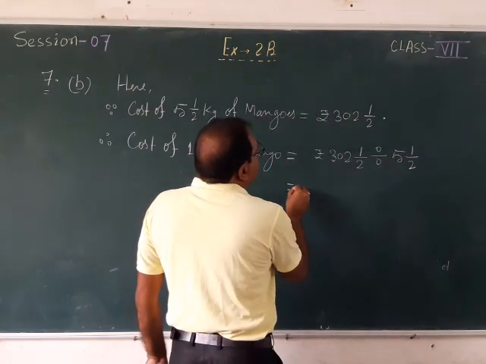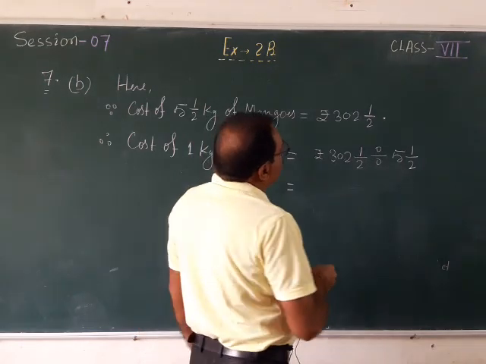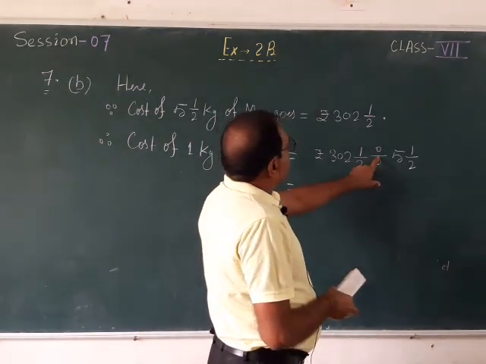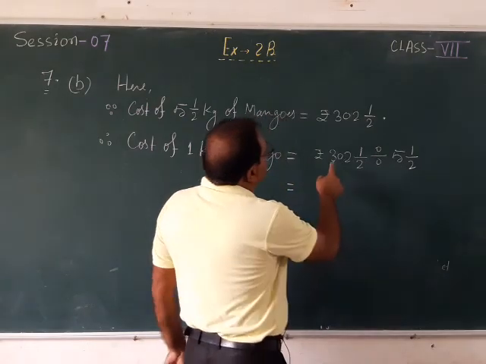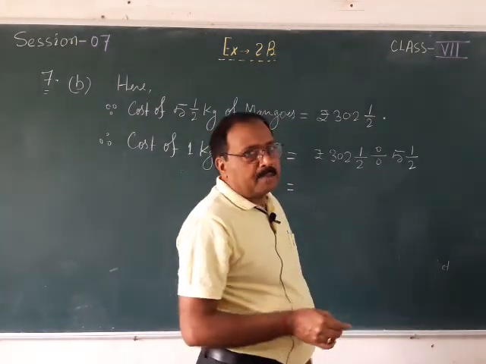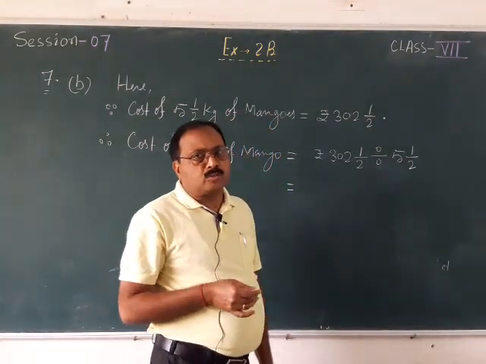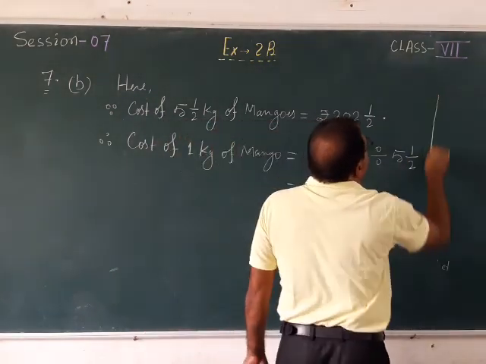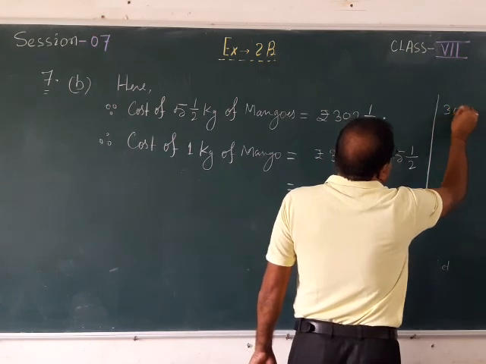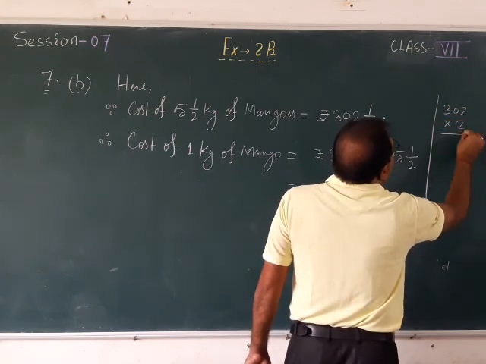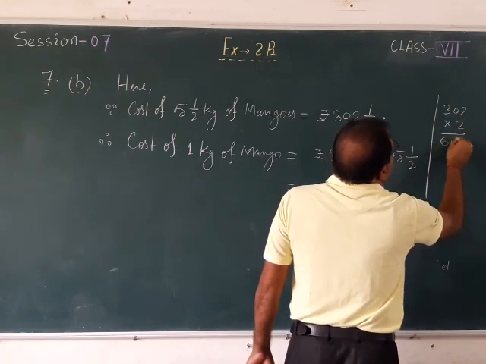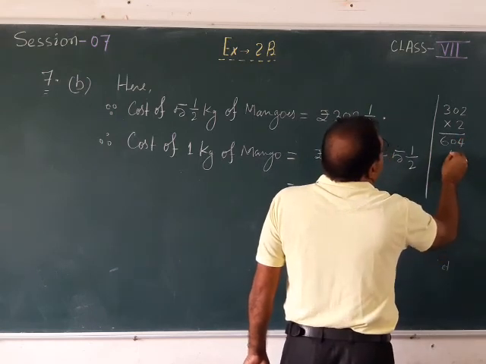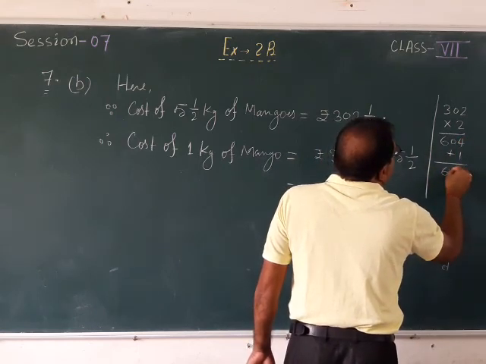Now you have to divide this number. At first you have mixed fractions, so you need to change them into improper form. For 302 and 1 by 2, first multiply 302 by 2, you will have 604, and then plus 1, that becomes 605.